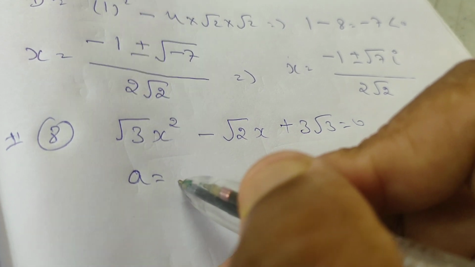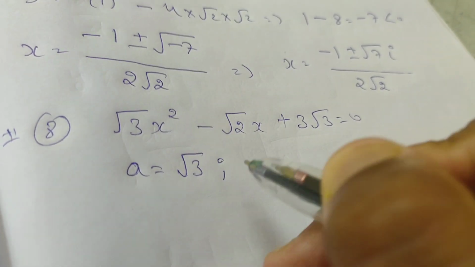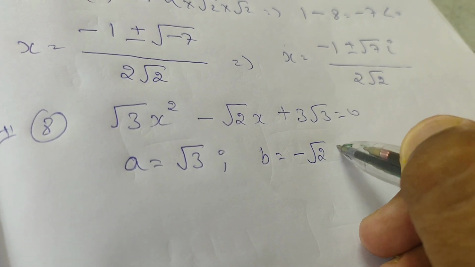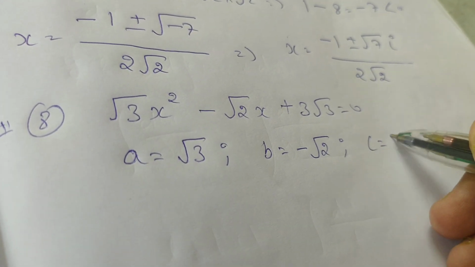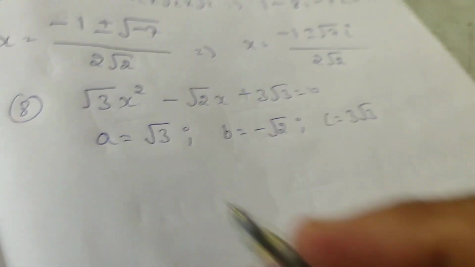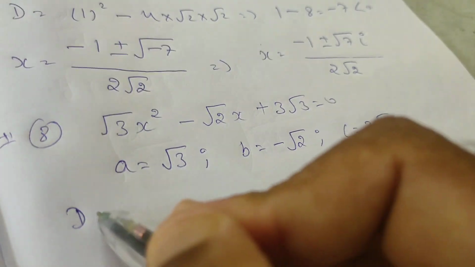What will be the value of a? Root 3. What will be the value of b? That is minus root 2. And what will be the value of c? That is 3 root 3.